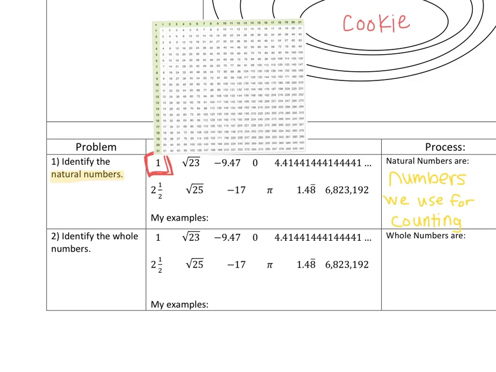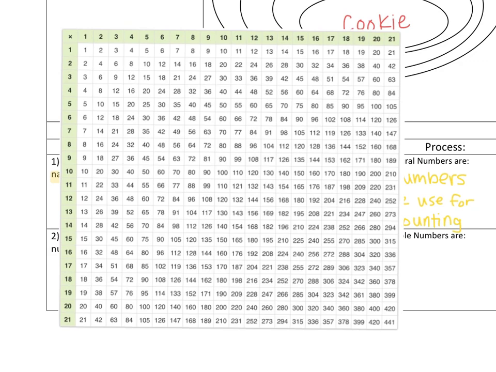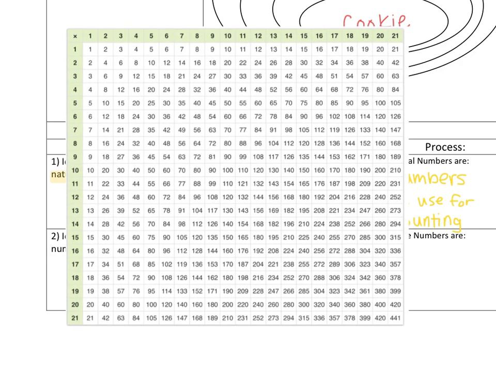So I'm going to zoom in on that. And let's highlight these middle numbers because these are perfect squares. So we're going to highlight 1, 4, 9, 16, 25, 36. We just go down that diagonal, 49, 64, 81, 100, 121, 144, 169, 196, 225, 256, 289, 324, 361, 400, and 441.